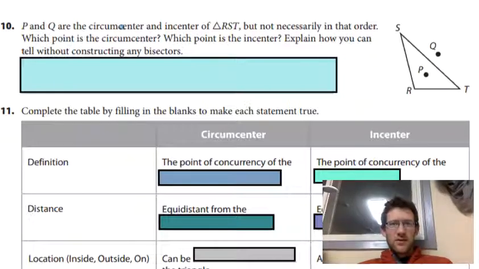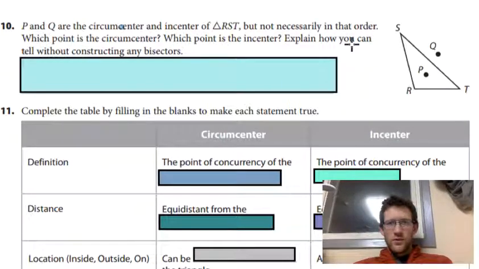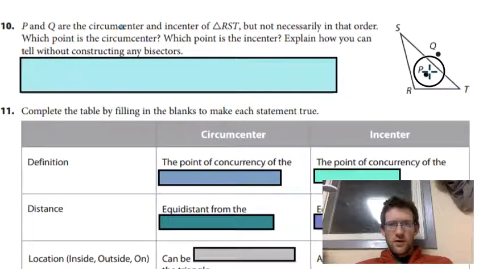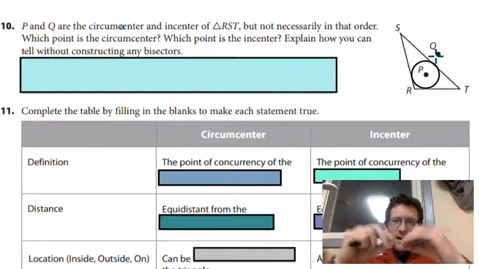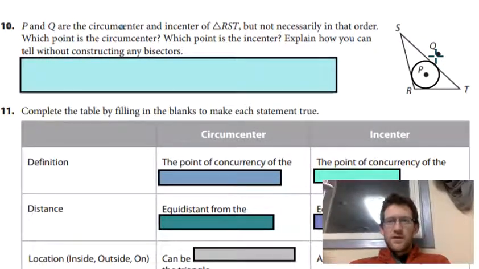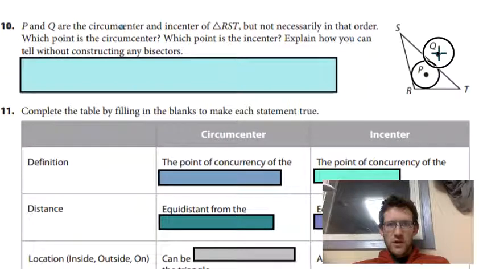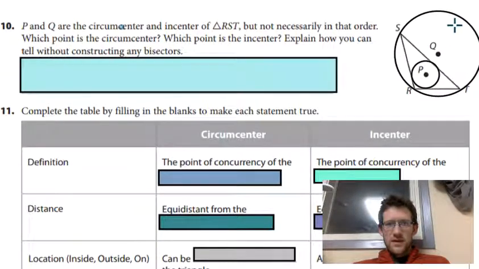And as it turns out, we can always figure out which one the incenter is in this sort of situation because the incenter, in order to be where you're going to inscribe a circle, needs to be inside that triangle. The circumcenter, however, sometimes, at least in an obtuse triangle, the circumcenter can be outside of that triangle. So just keep that in mind, that the location sometimes varies.